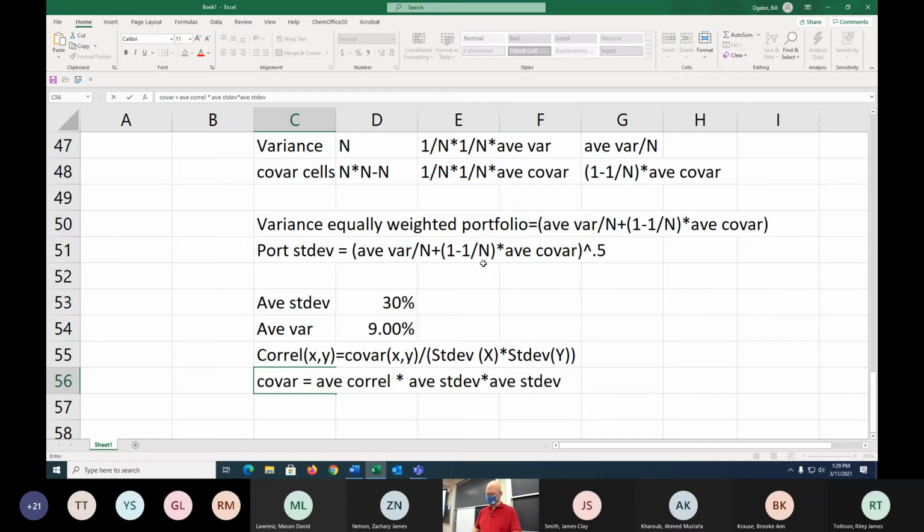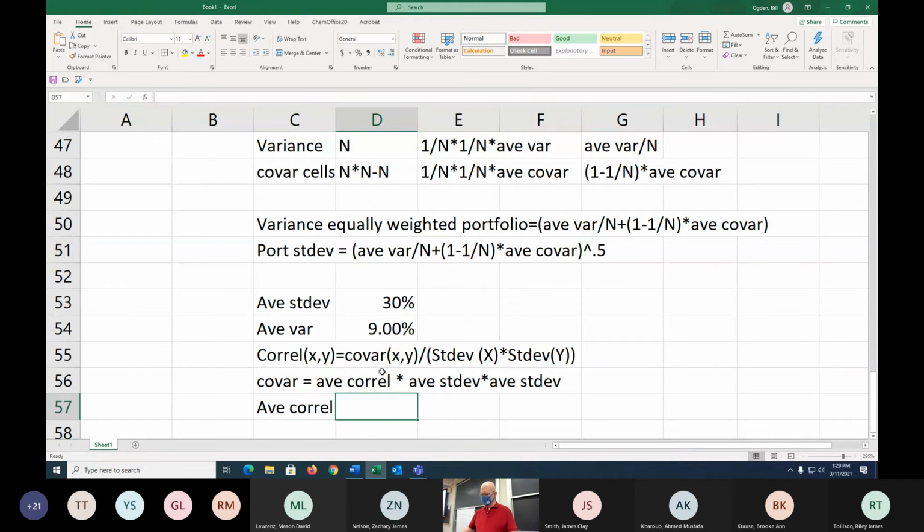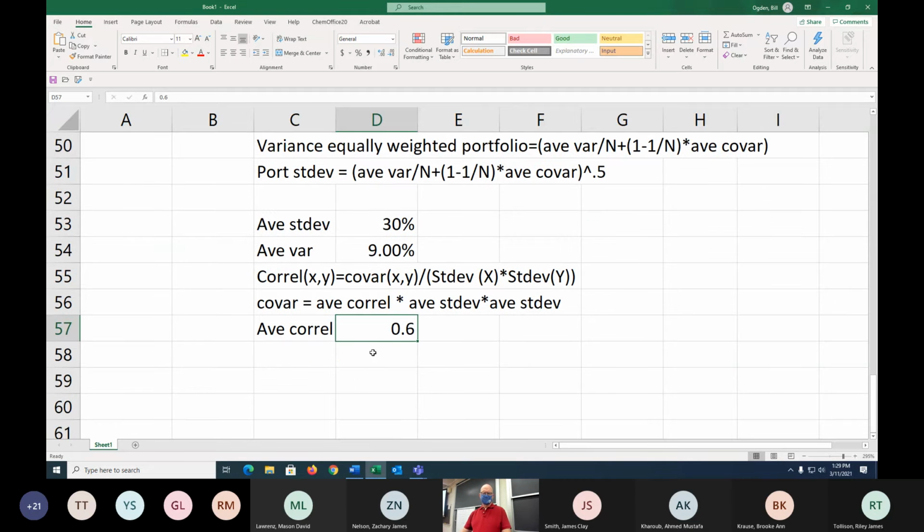Okay, let's keep going. Let's say the average correlation is, your authors mentioned about 60%. So let's use 0.6. From this, let's get the numbers we need. We have the average variance already, so we're good on that. Let's do the average covariance.